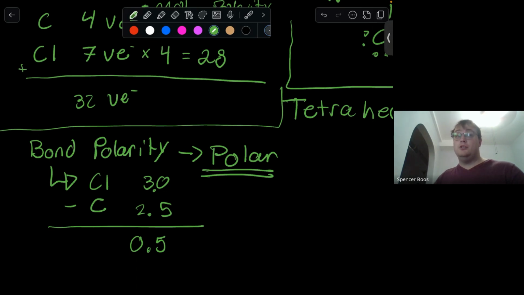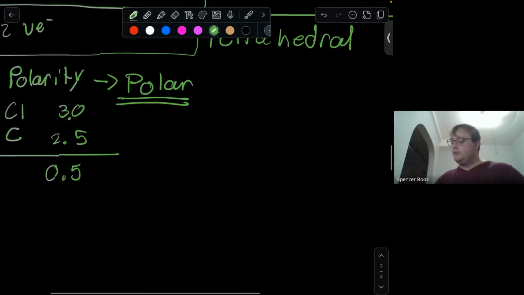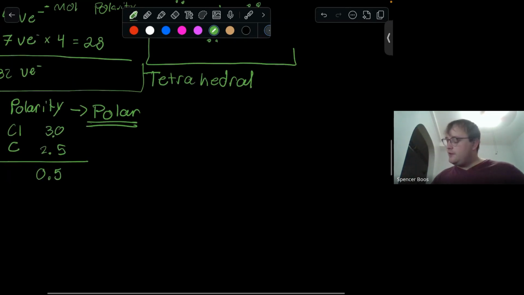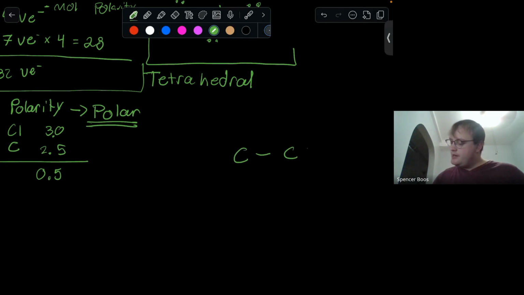Now we get into a little bit more of a tricky situation. Let's first start off by drawing these dipoles. If we've got Cl, Cl, Cl.